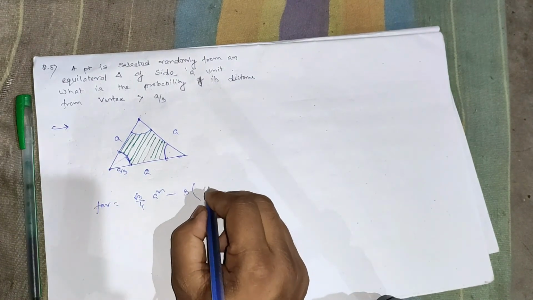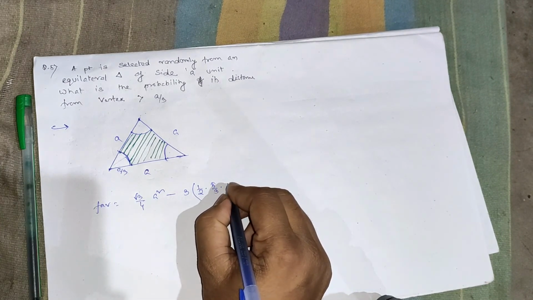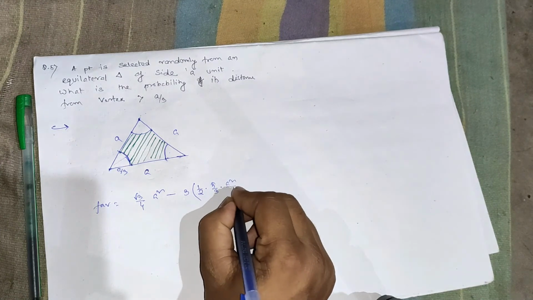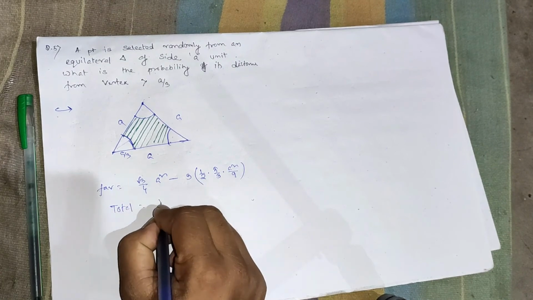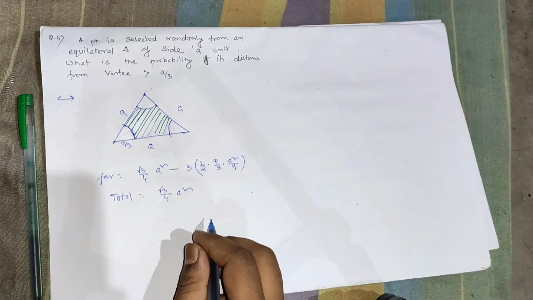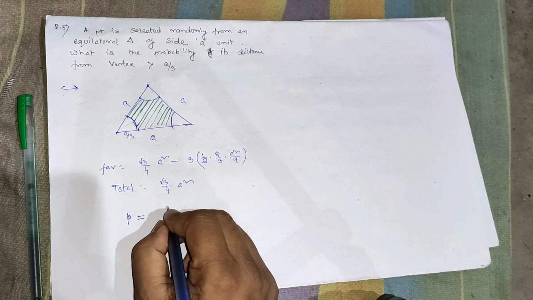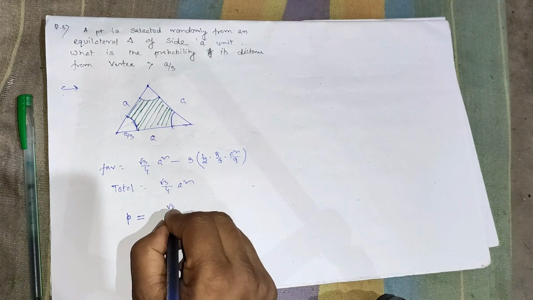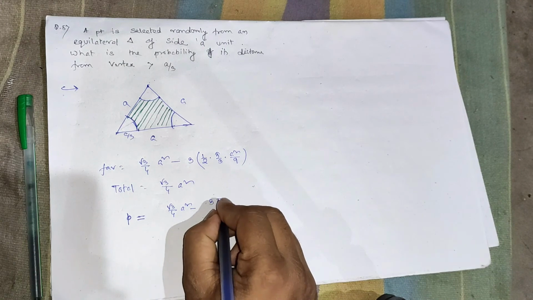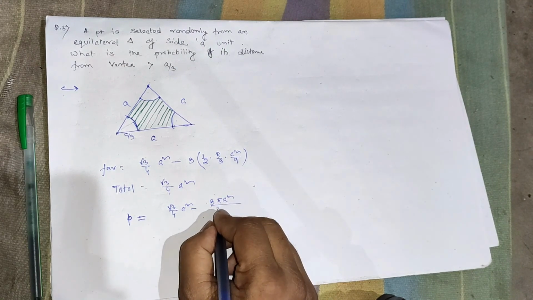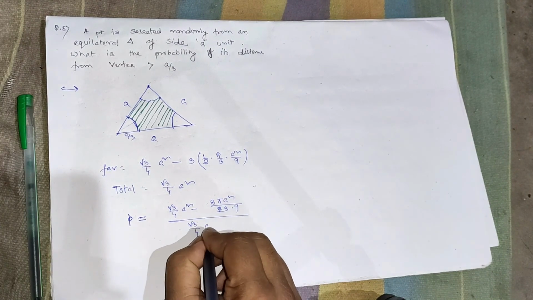This area is half pi by 3 A square, that is pi A square by 9 each, and the total area is root 3 by 4 A square. So the required probability is favorable by total, that is root 3 by 4 A square minus 3 pi A square by 18, divided by root 3 by 4 A square, and that is your answer.